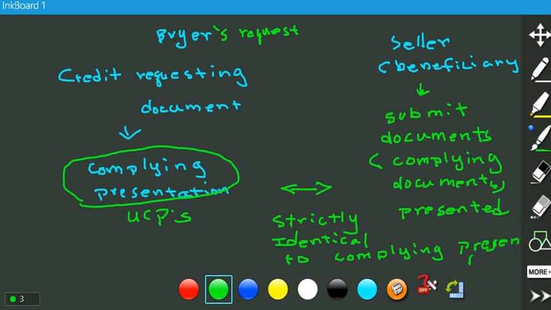This is the meaning that the requested document and the presented, submitted document should be identical, very strictly the same, like a mirror image.